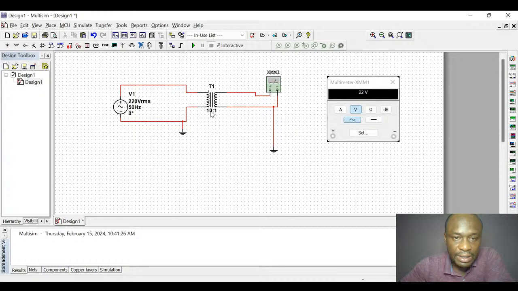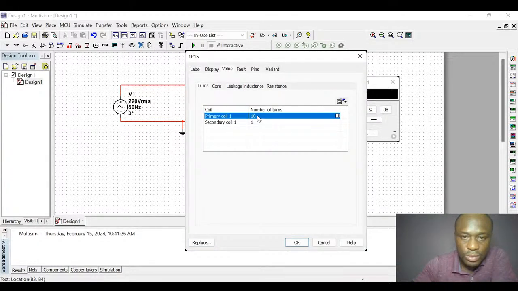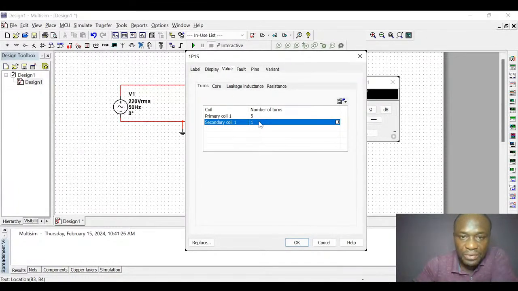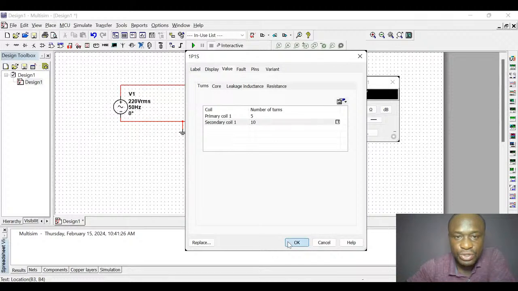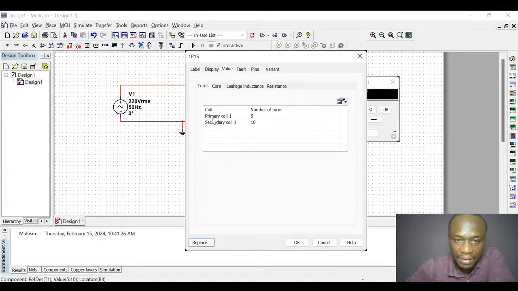But assuming that this transformer has a ratio of, let's say, 5:10. You can see the 5 is at the primary coil, while the secondary coil is 10.